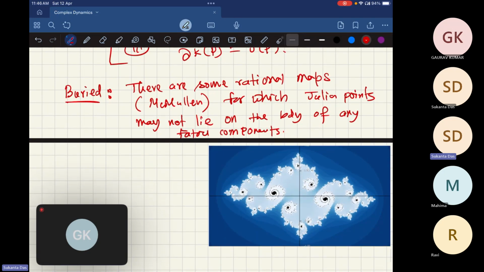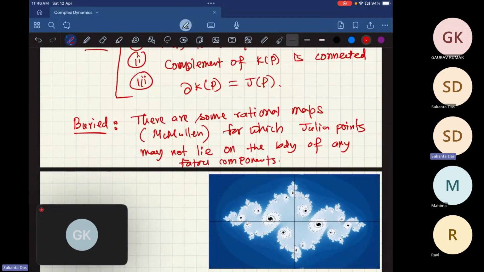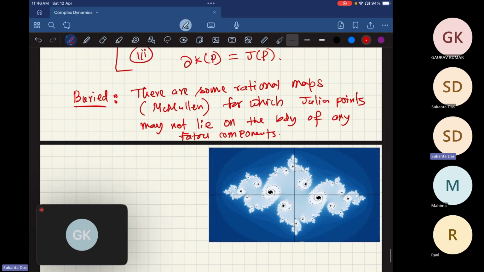So it is possible that there are some Julia points which are not lying on the boundary of any Fatou component. The construction of these rational maps needs some detailed idea, so I'm not going into that. For polynomials it is not true; this kind of situation will not arise.